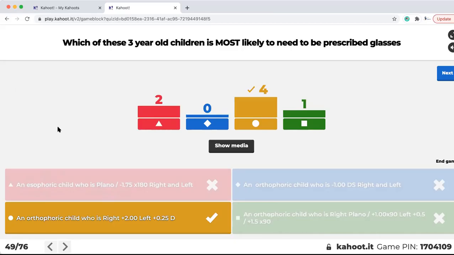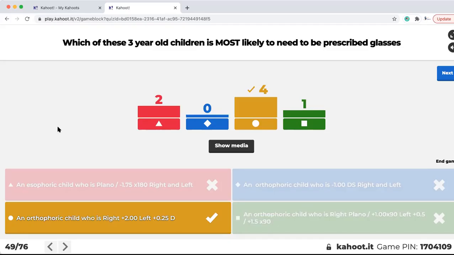The third thing that we want to check for these kinds of questions is whether there is anisometropia or isoametropia, meaning do both eyes have the same refraction or is the refraction different, because anisometropia is more intolerant to a difference in refraction.